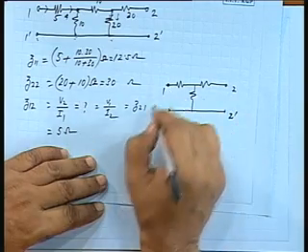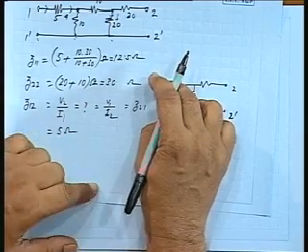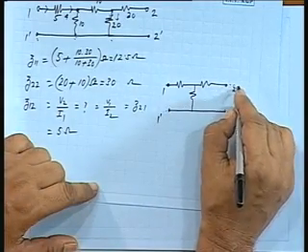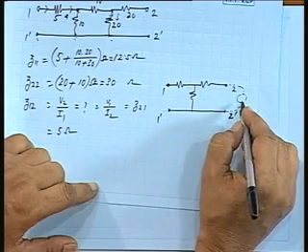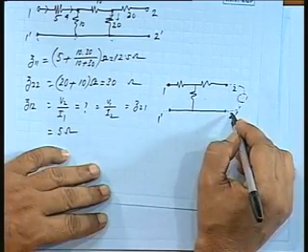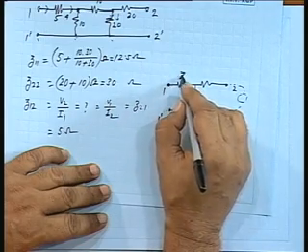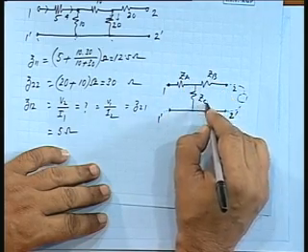Now, if I have a voltage V1, say 10 volts, and short this and record the current through this, how much is the current through this? Suppose this is ZA, this is ZB, this is ZC.